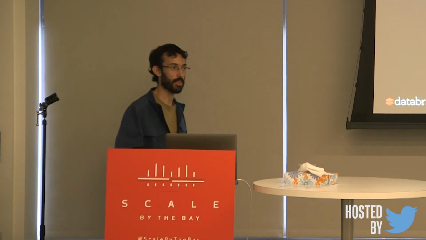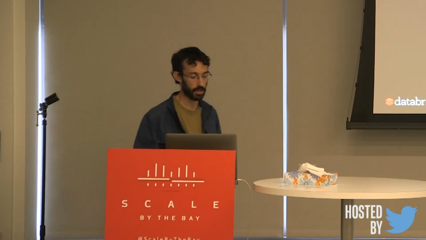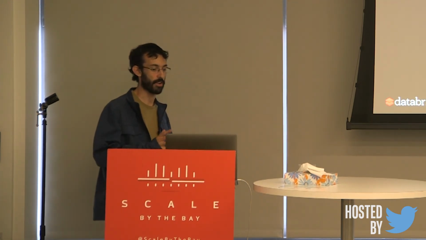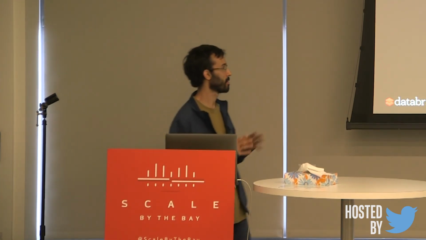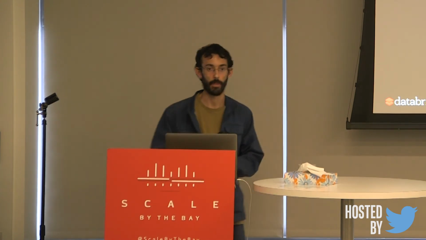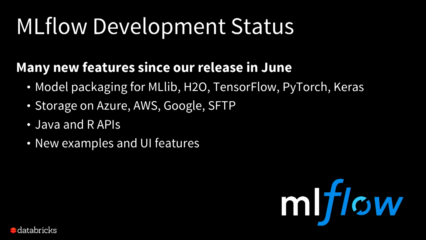In addition to the Python API, we have Java and R APIs as first-class citizens. Of course, there's also the REST API. In general, we're API first, so the REST API is always good and up to date, but these are just convenient wrappers in these languages. Additionally, we have new examples, so it's easier to get started with. There's a lot of documentation on that, and improved UI features to help with comparing and visualizing results.